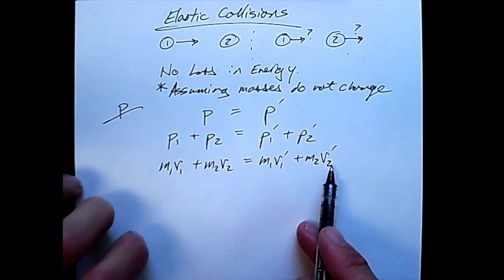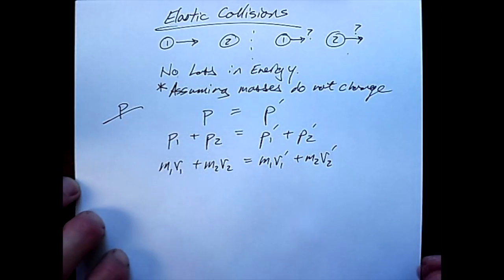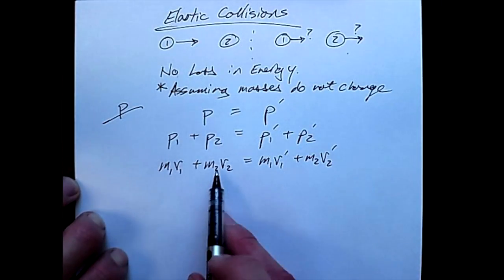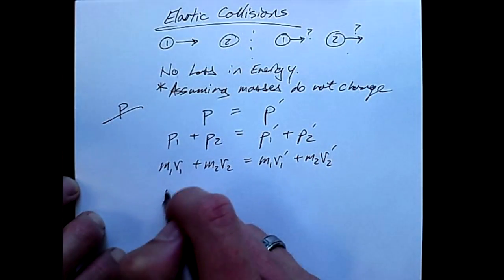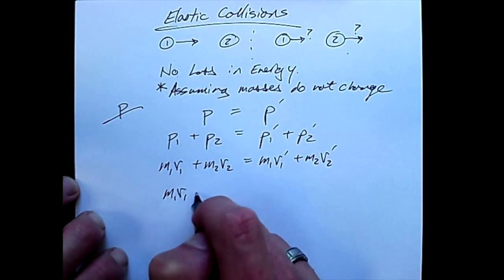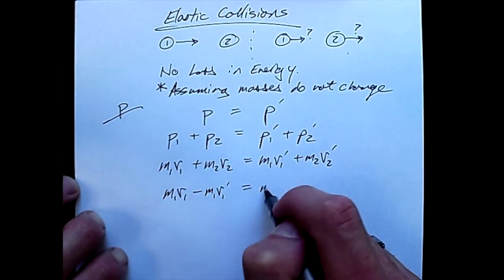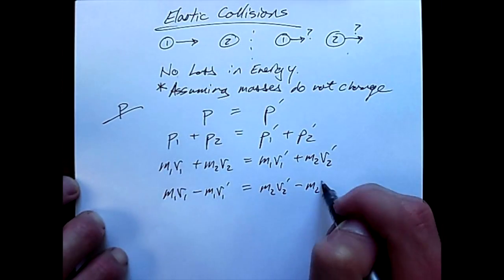Now, planning ahead for what we're going to use this for, we're going to rearrange a little bit to group like terms in terms of the masses rather than before and after. So if I subtract m1 v1 prime to this side and I subtract m2 v2 original to this side, then this says m1 v1 minus m1 v1 prime equals m2 v2 prime minus m2 v2.